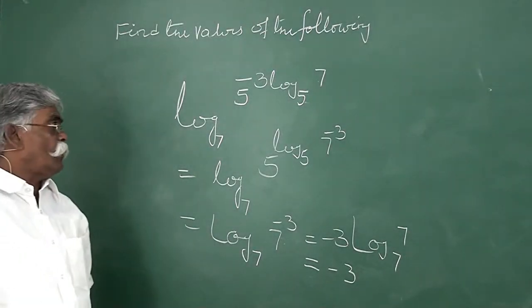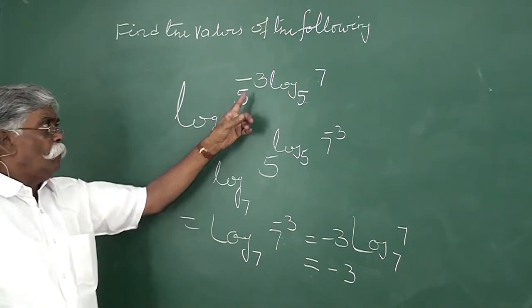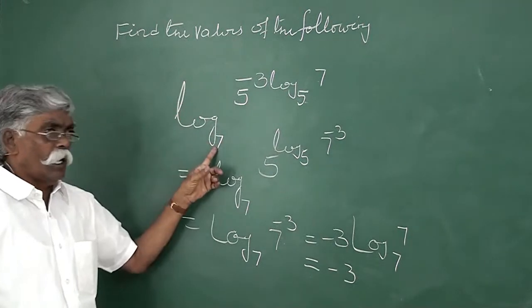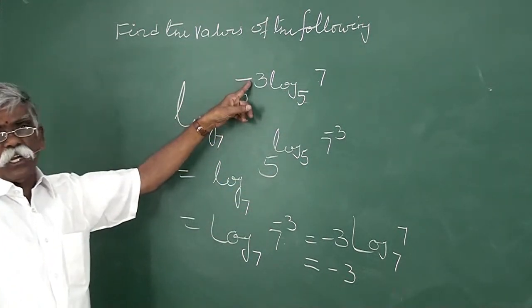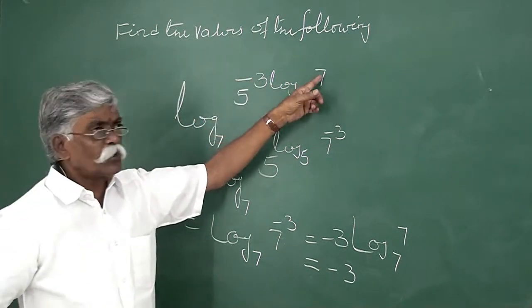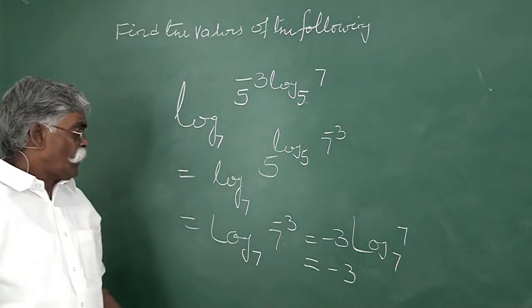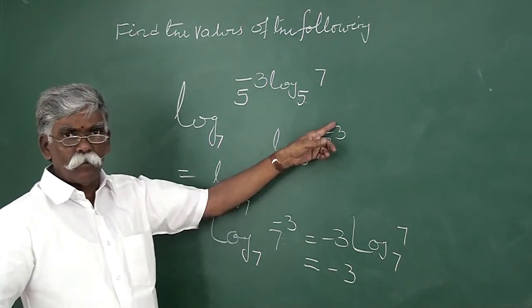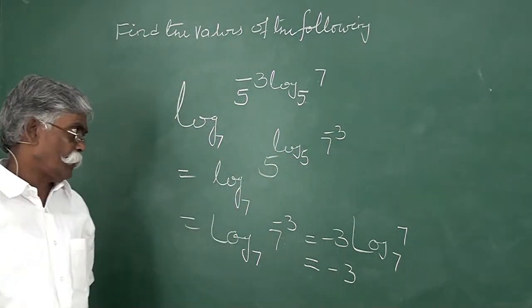So the given value is log of 5 power minus 3 log 7 base 5, and here also the base is 7. When we take this minus 3 inside, it comes to the power of 7 and becomes 7 power minus 3. So therefore it is log of 5 power log 7 power minus 3 to the base 5, and here the base is 7.